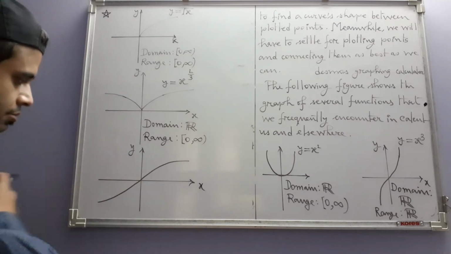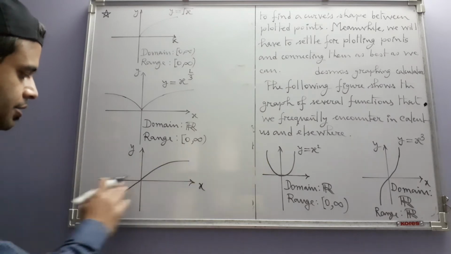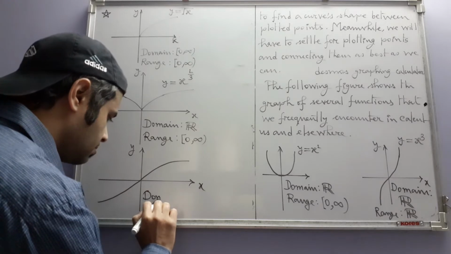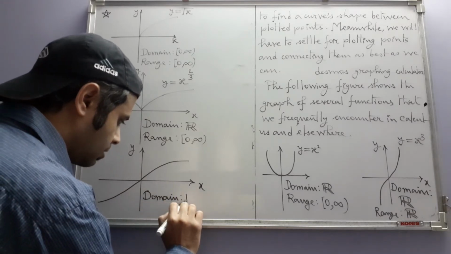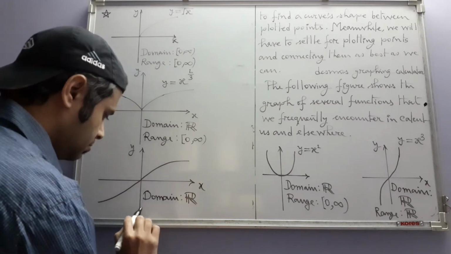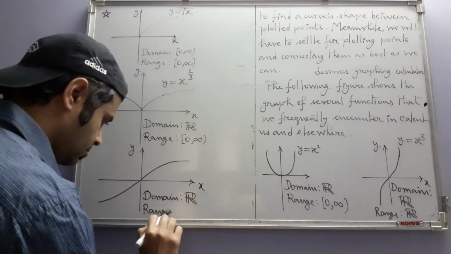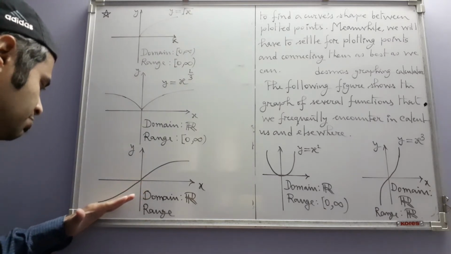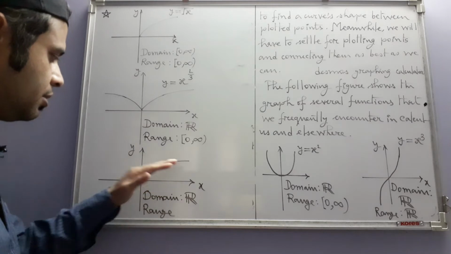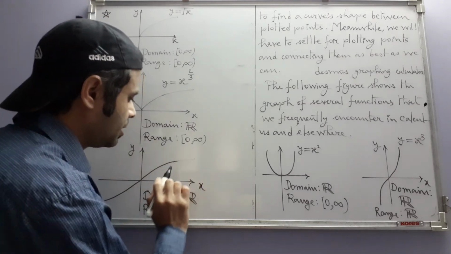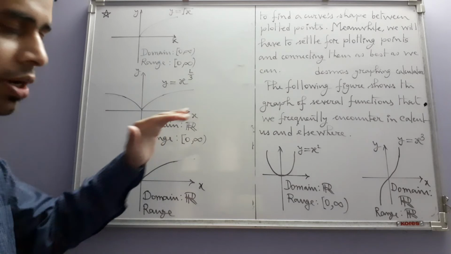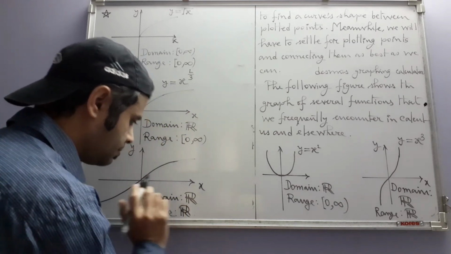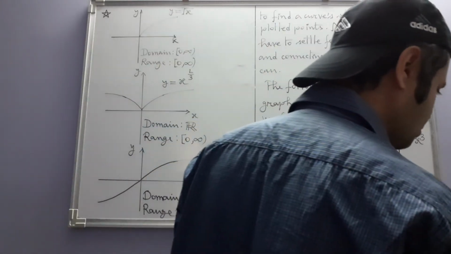In this case also, because of this entire expanse, the domain is R, and the range, just like this graph, keeps on descending without any bound, and this part keeps on ascending without any bound. So the range is also R. I think my logic is correct.